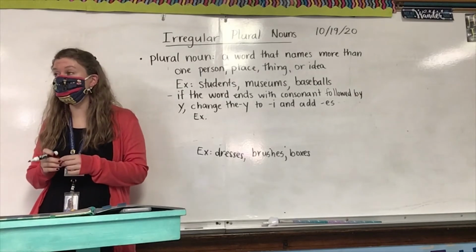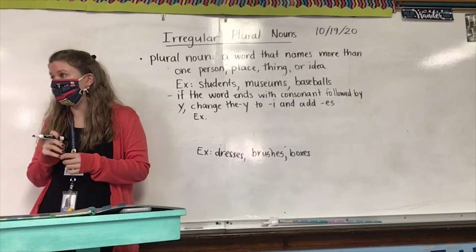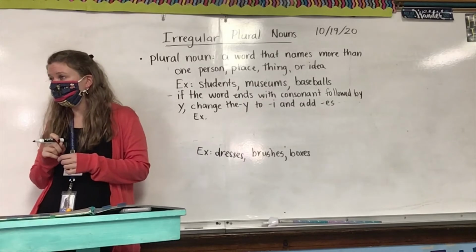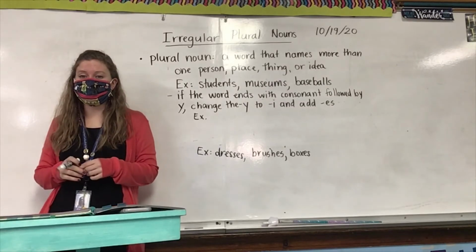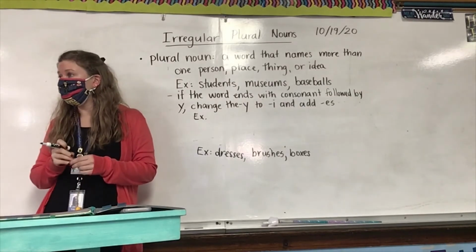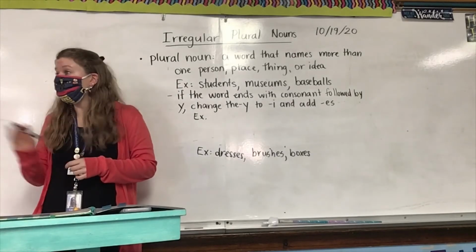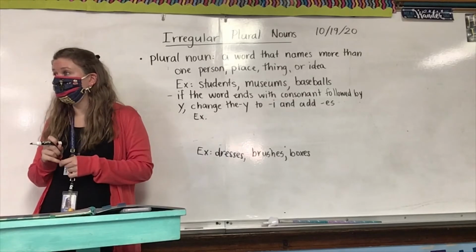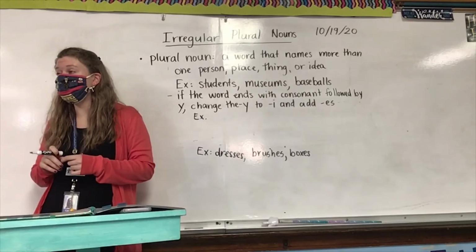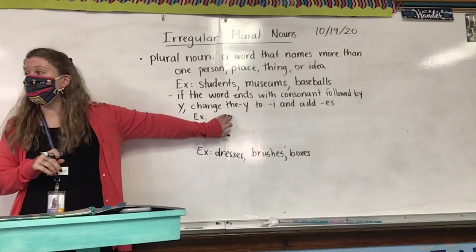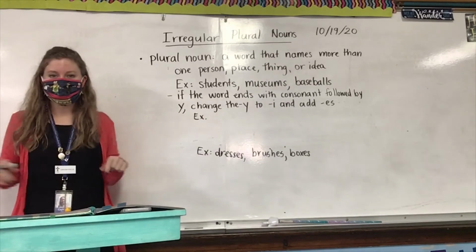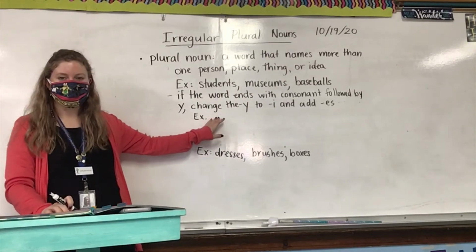A consonant is any other letter other than what letters? Kingston. A-E-I-O-U. Boy ends with O-Y. Is O a consonant? No, because it's a what? It's a vowel. So does boy follow this rule? No. Who can give me an example of a word that follows this rule?